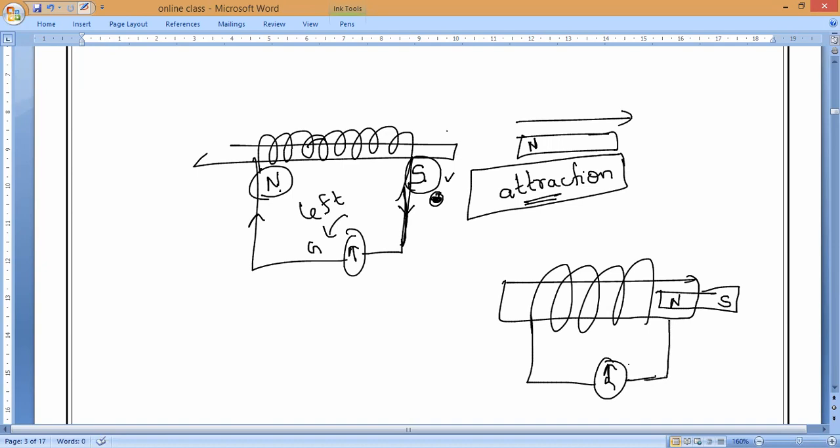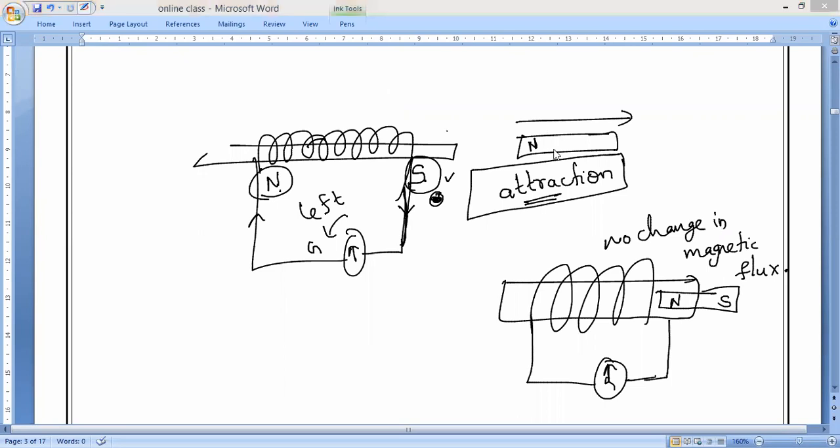So why no deflection, guys? By that time, there is no change in magnetic flux. Understand, Karthikeyan? No change in magnetic flux, so no current is induced. That is the reason behind it. Clear, everybody? If you have any doubt, you can ask me. This is a very, very important one. That is what I am telling you.